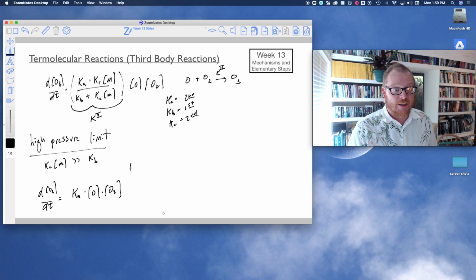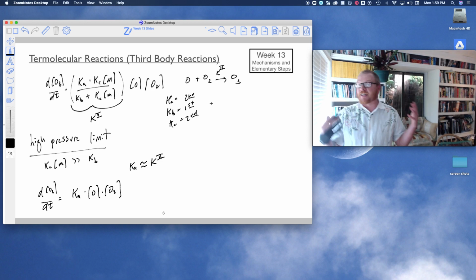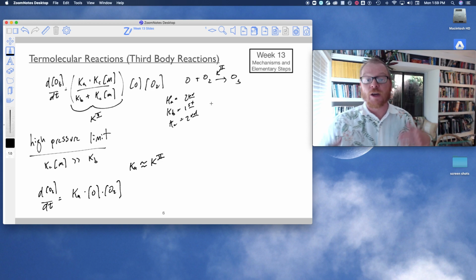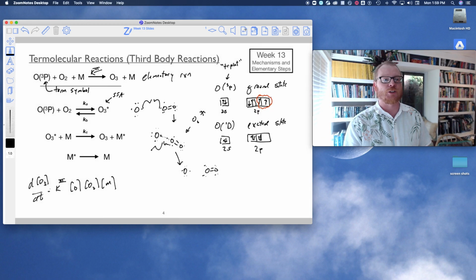And thus Ka is approximately equal to that second order rate constant that just looks like an oxygen plus O2 goes to O3 without a third body, right? So in other words, in the high pressure limit for this particular reaction, the high pressure limit drives us to forming more product, okay?